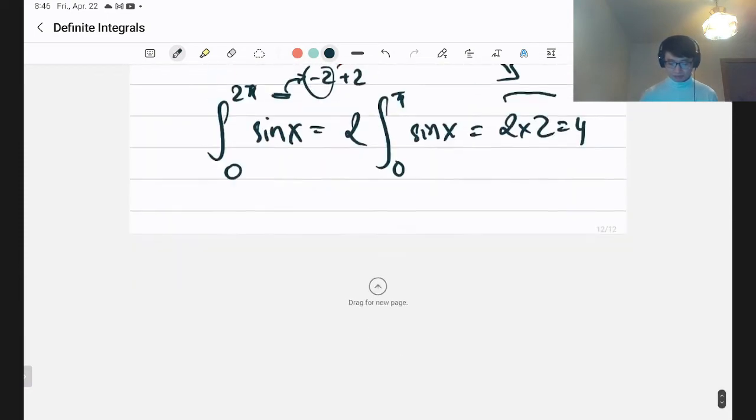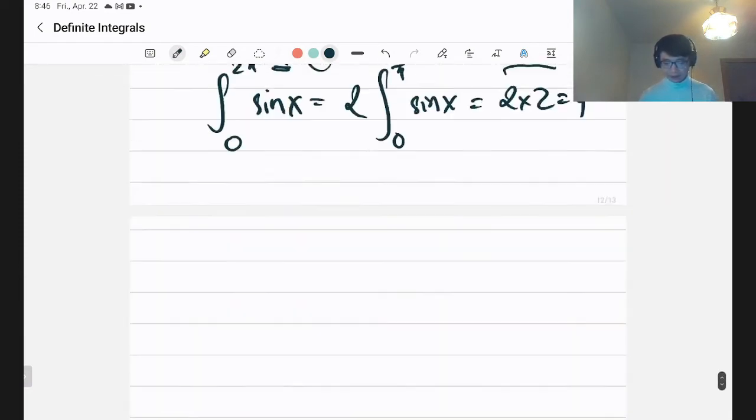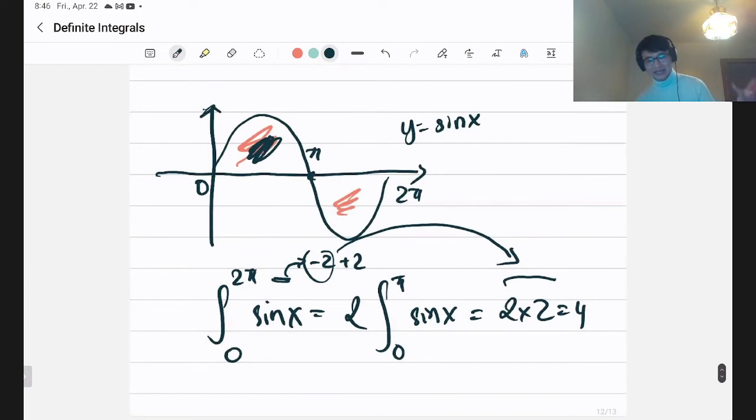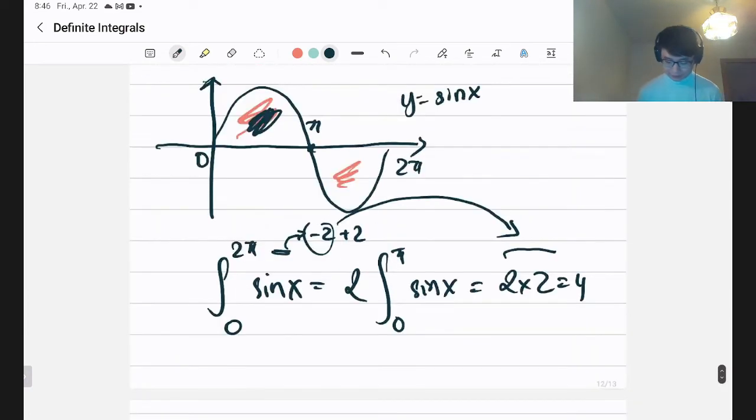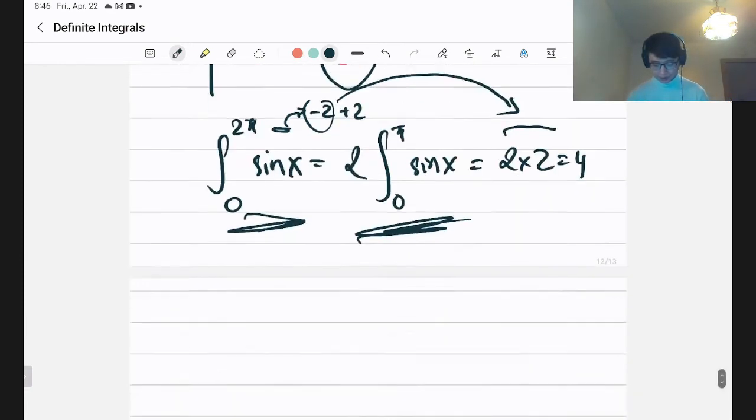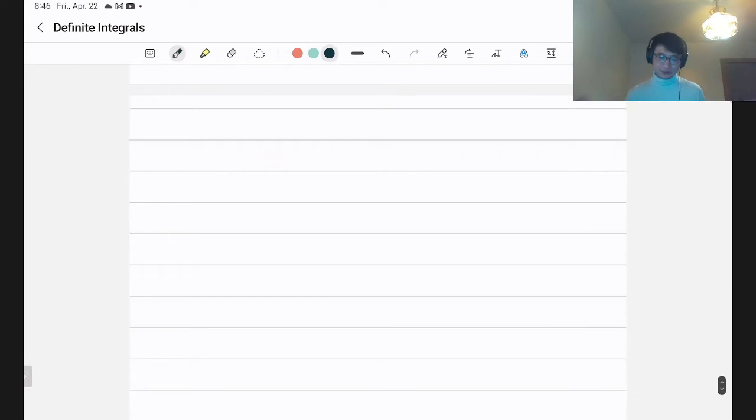If the positive and negative sides of the area are equal, then it follows this case. This is the formula, and it's easy to understand and deal with.